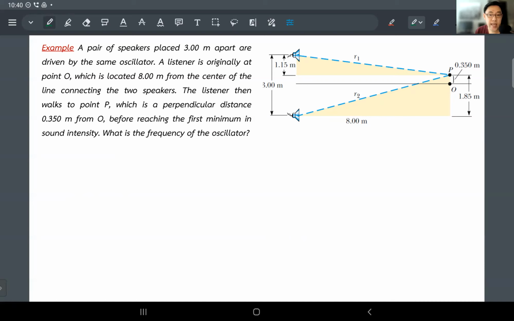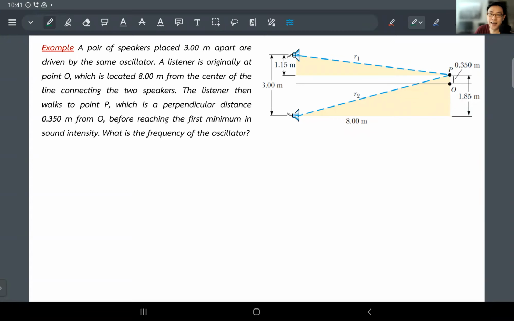Now the listener walks to point P. So he walks up a bit, a perpendicular distance of 0.35 meter from point O, before reaching the first minimum. So that means starting from point O, once he reaches point P, it gets quiet. That's the first minimum. That's what it says. Minimum means no sound. So what is the frequency of the oscillator?